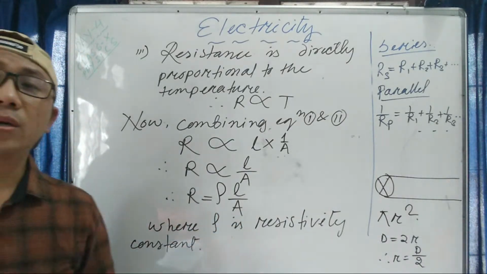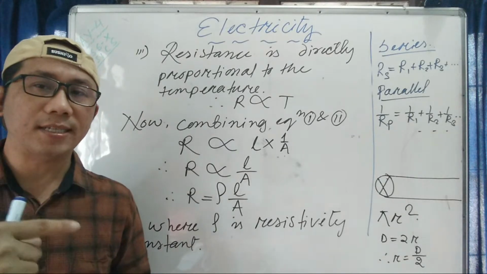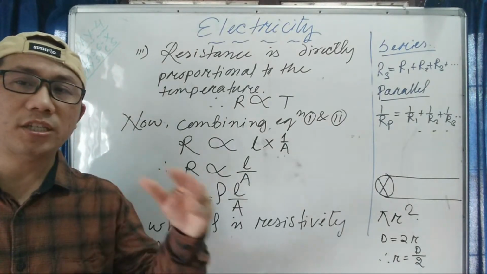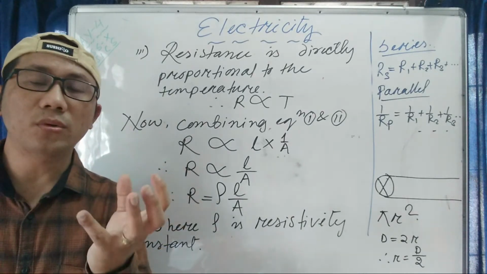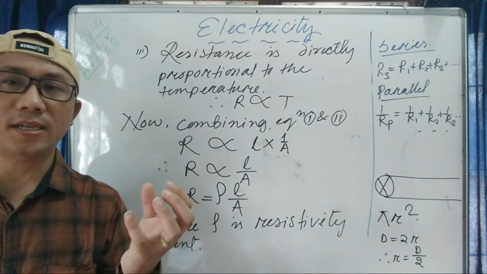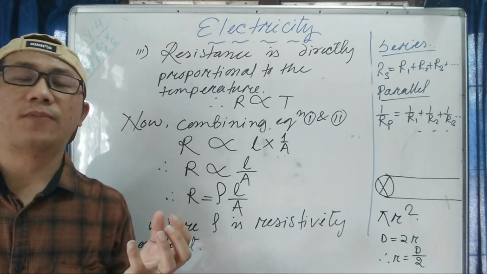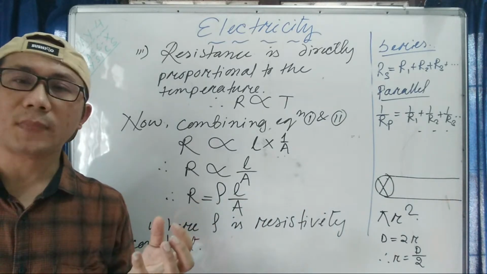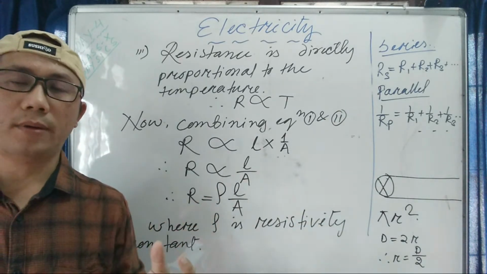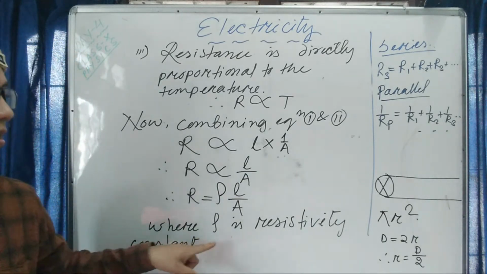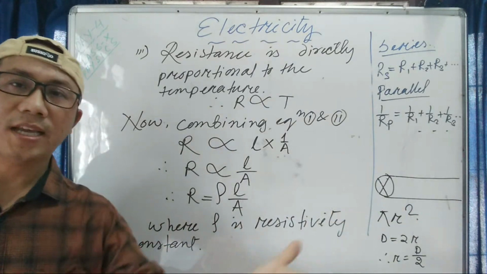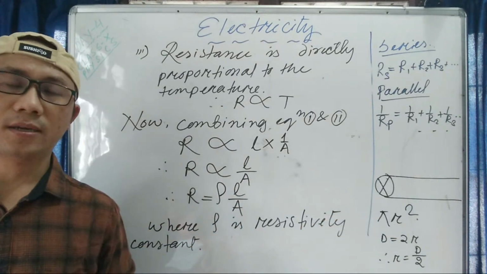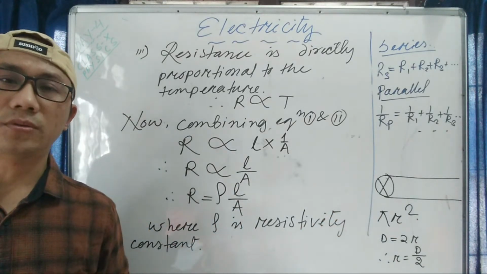Property of the conductor which is ease, that means which makes it easier for the current to flow. What does the resistance do? Resistance always opposes the flow of the current. But in terms of resistivity, which makes it ease, that means it tries to make the current go quickly. Okay, so these points we have to know.